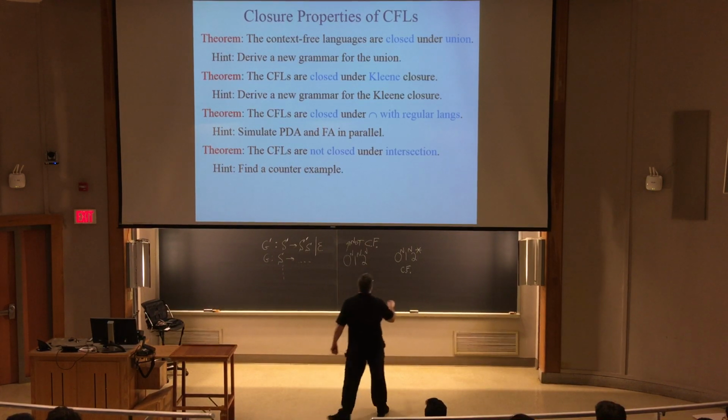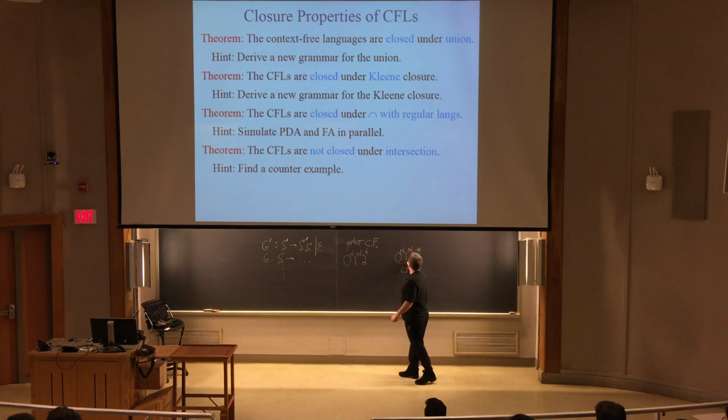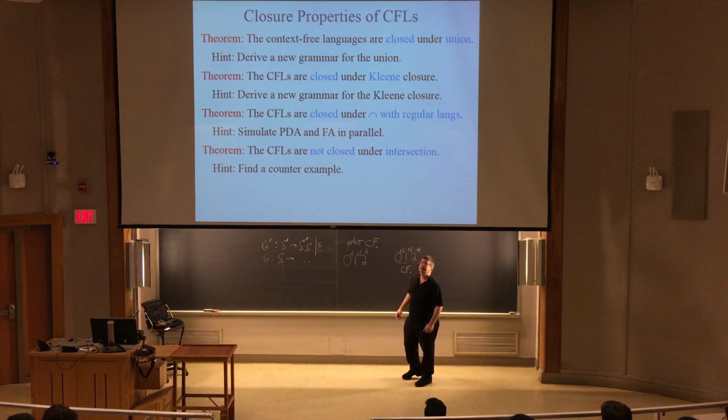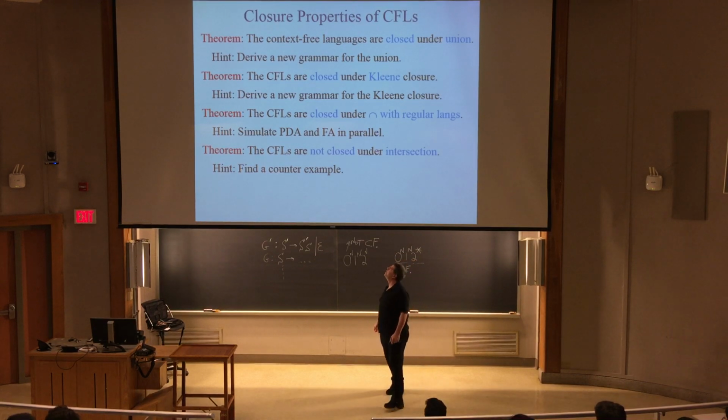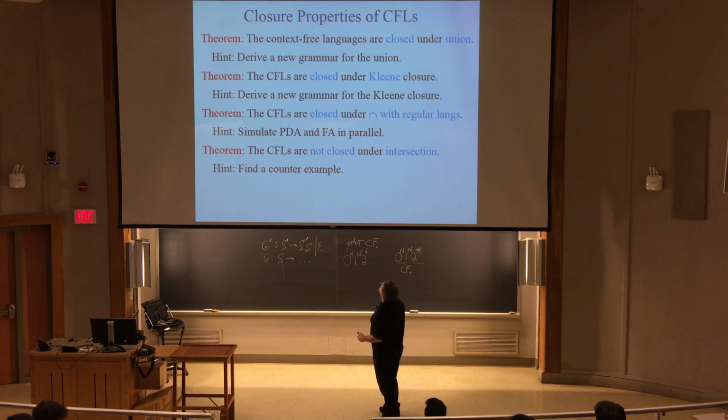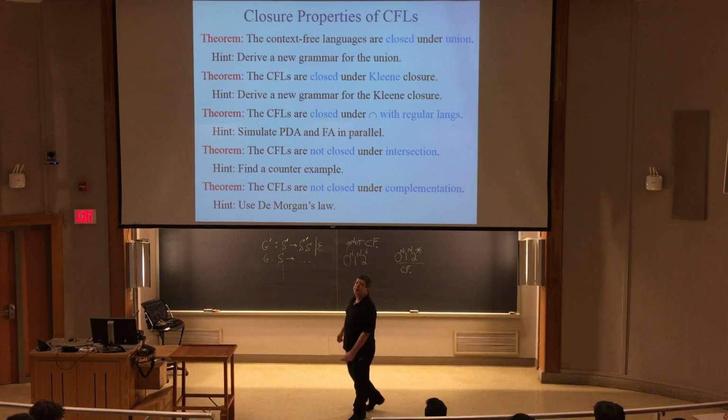So it's 0 to the n, 1 to the n, which is context-free, concatenated with 2 star, which is regular, and also context-free. And context-free languages are closed under concatenation, but not complementation. The concatenation, I guess, I didn't list on this slide, but they are closed under concatenation.